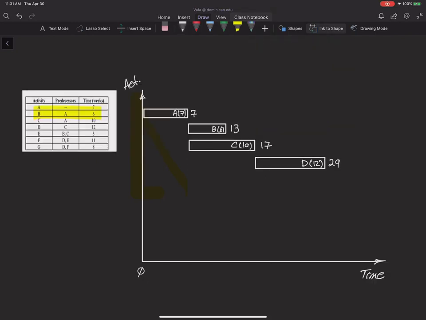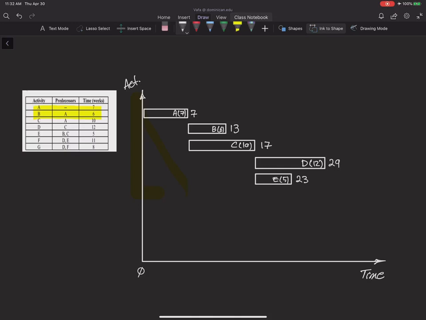So it starts right here and goes for about 5 weeks. So this is my activity E, 5 weeks. Since it starts at week 17 and goes for 5 weeks, the finish time is 22.